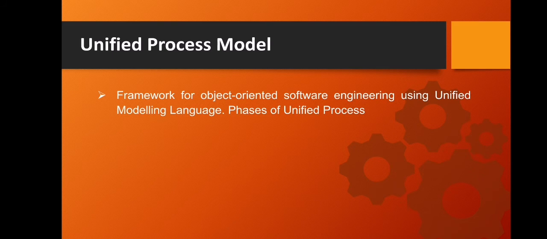Now, Booch, Jacobson, and Rumbaugh later developed the unified process, which is a framework for object-oriented software engineering using UML. Now, the unified process model consists of five phases.